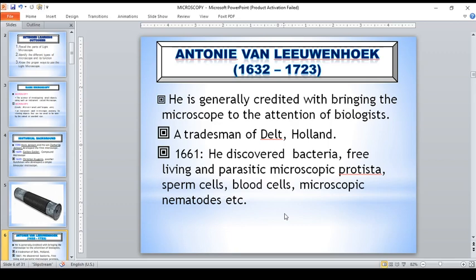So, bacteria, what are bacteria again? These are prokaryotes that can live on their own as unicellular organisms. When we say free living, especially if those are free living parasites, they can exist on their own, without being a parasite.